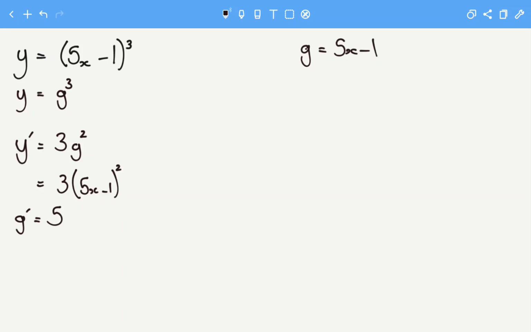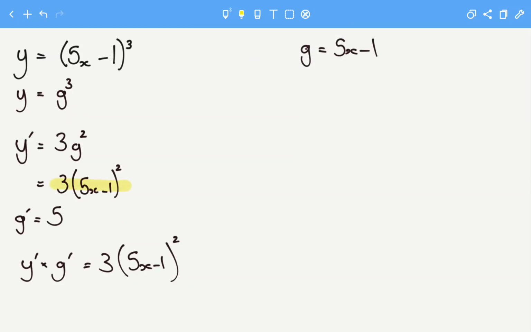And then we know that the multiplication of both these functions, so the differentiation of y times the differentiation of g, equals 3 times 5x minus 1 to the power of 2, which we have got from here.